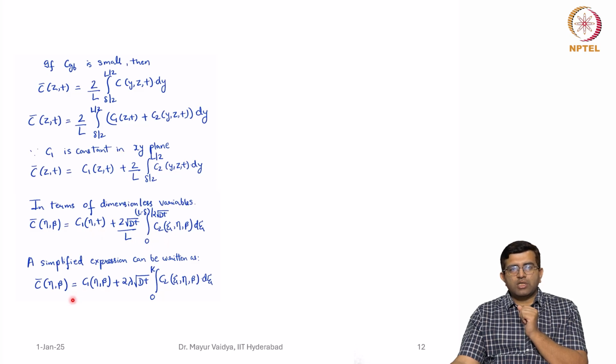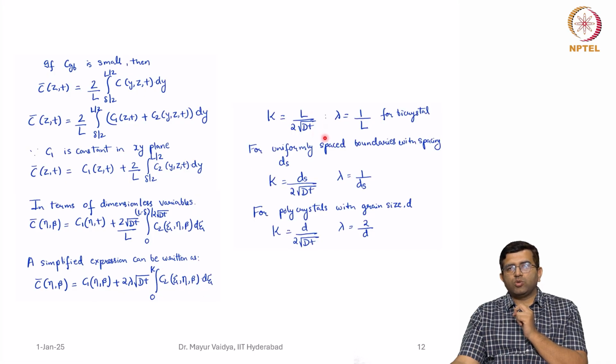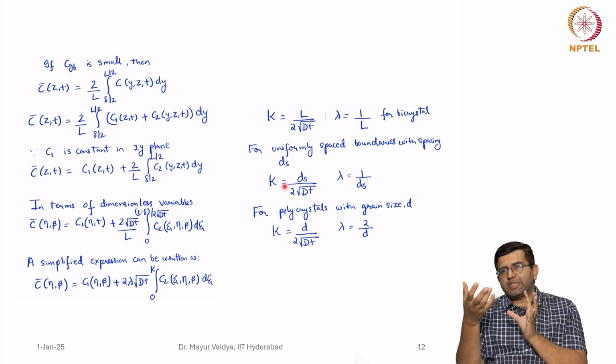A further simplification of this is C bar is C1 plus 2 lambda root Dt integral from 0 to k of C2 d psi, where k is L by 2 root Dt and lambda is equal to 1 by L for the bicrystal. For uniform spacing, if it is not a bicrystal, then you can substitute it with the d s. And for polycrystals with grain size d, this can be written as d by 2 root Dt.